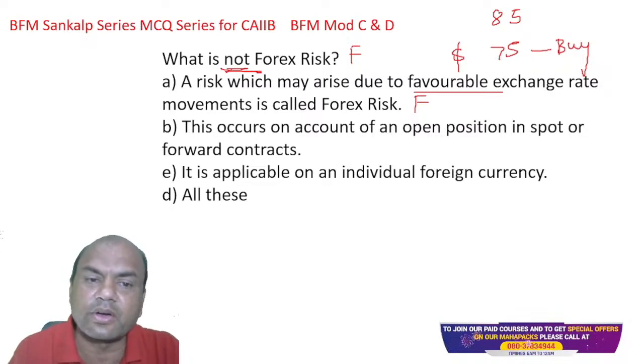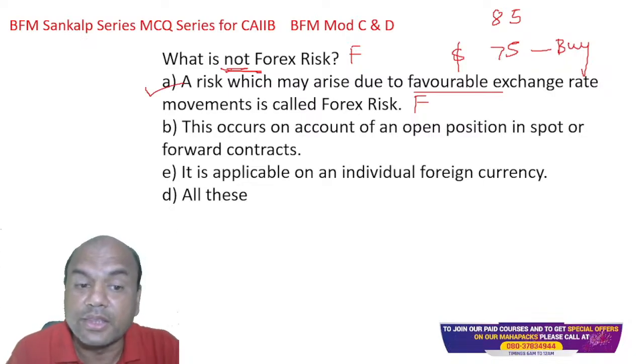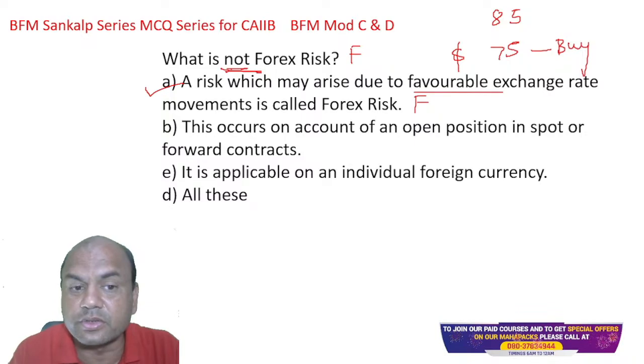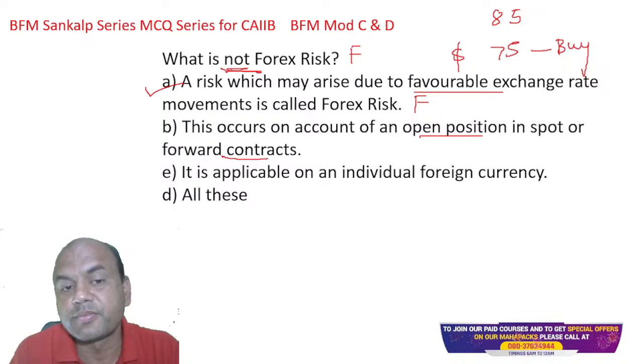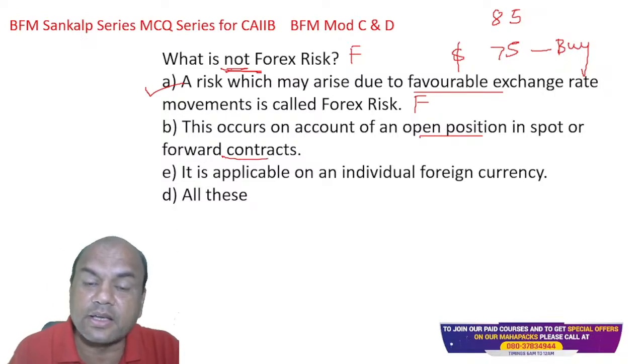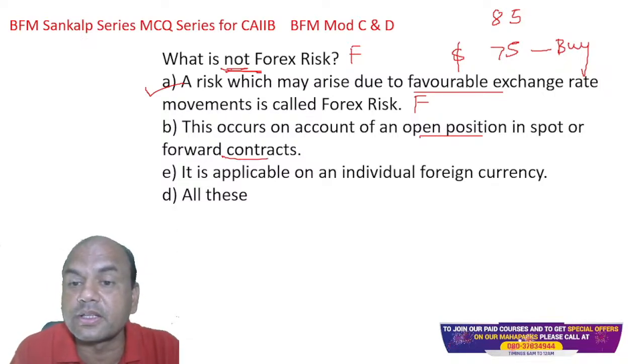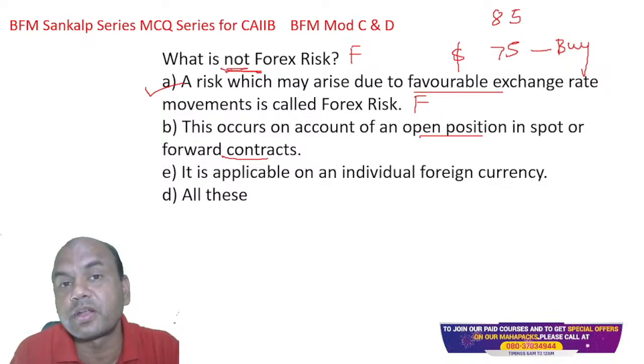See, first you got this answer A. But now there is the option of all of these also, so these can also be false. This forex risk occurs on account of open position in spot or forward contracts. Open position means day-end position.